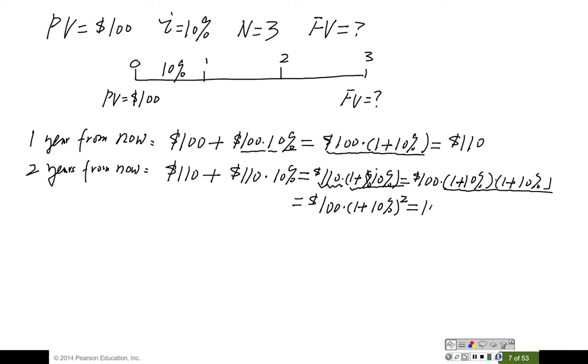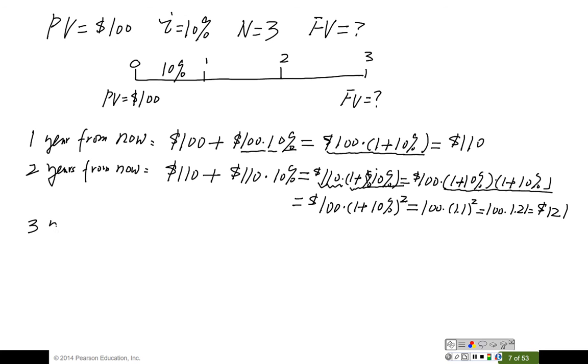So 100 times 1.1 to the power of 2, because 1 plus 10% equals 1.1. 100 times 1.21 equals $121. So that's how much you have in your account after 2 years.